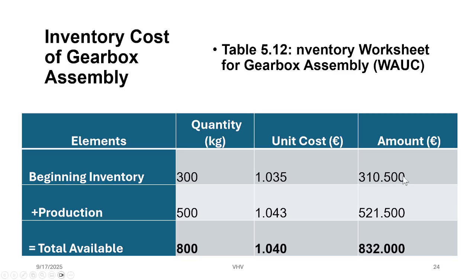So the total value is 310,500 plus 521,500, which gives us 832,000. So the weighted average unit cost of hydraulic pump is equal to the total amount divided by the total quantity of goods available for sale, which is 1,040 euro per unit.